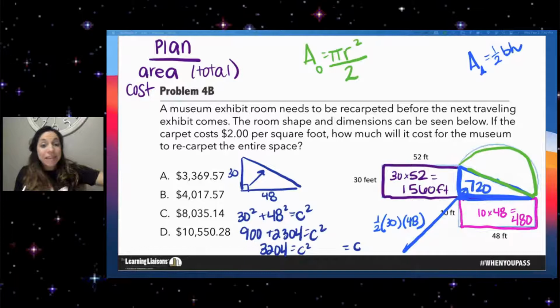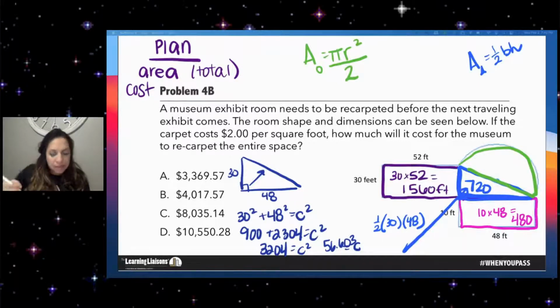Square root both sides and we get c equals 56.603. That is the diameter. Do not confuse that with your radius. We just found the entire length of that triangle hypotenuse. I have to divide that by 2 to find my radius.